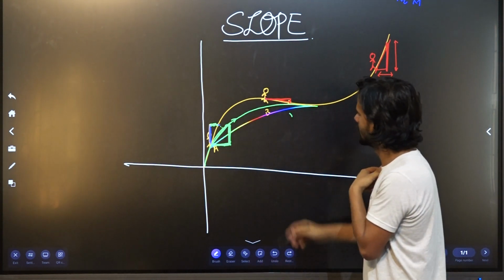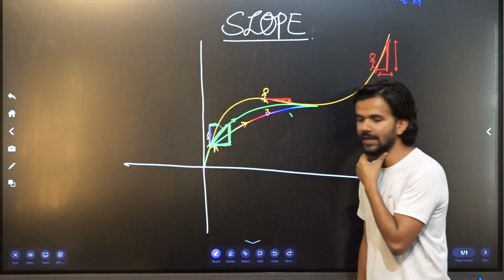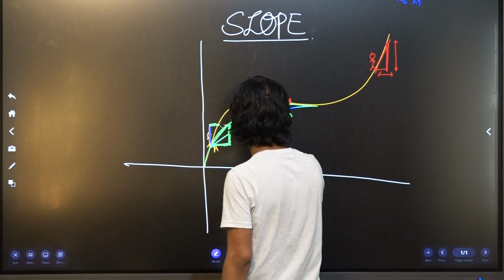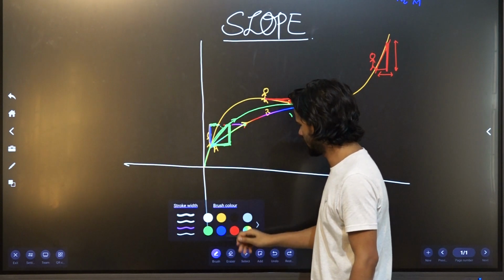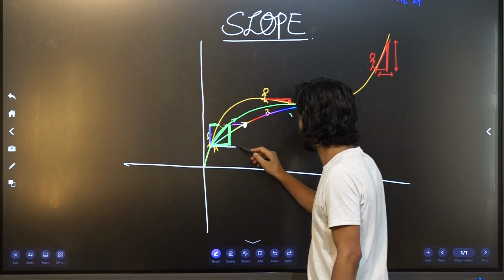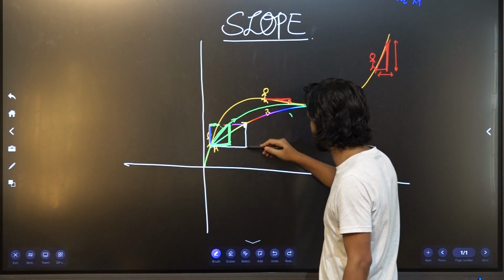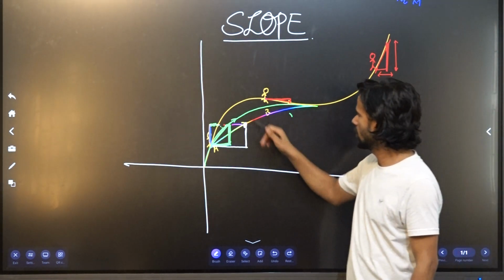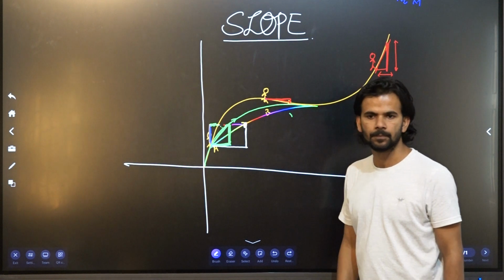How about if I take another path? This one is even less slopey, because to come here I cover this much horizontal distance and this much vertical distance. Look at these three paths: the yellow, the green and the colorful.